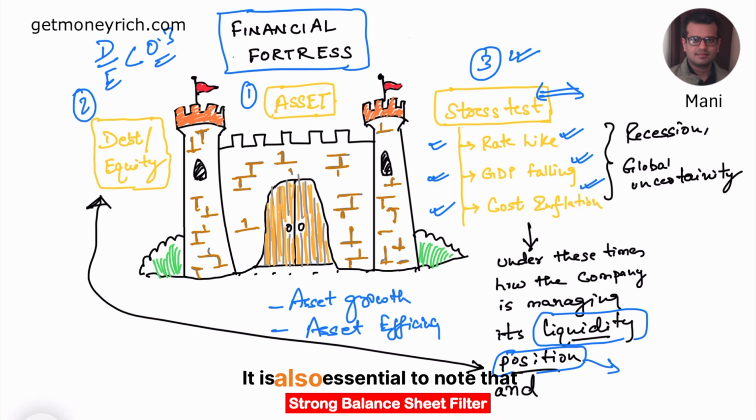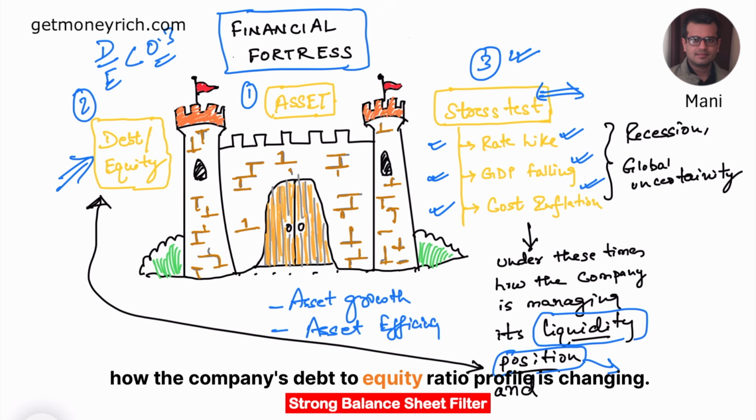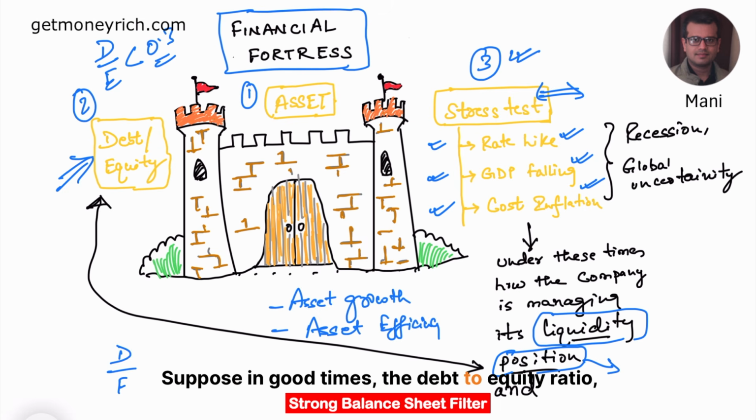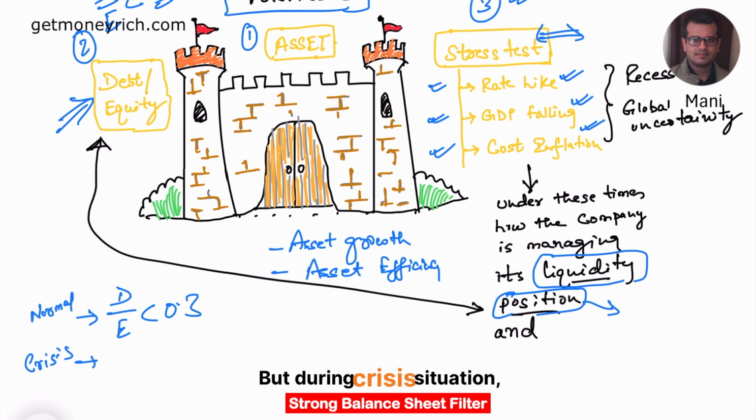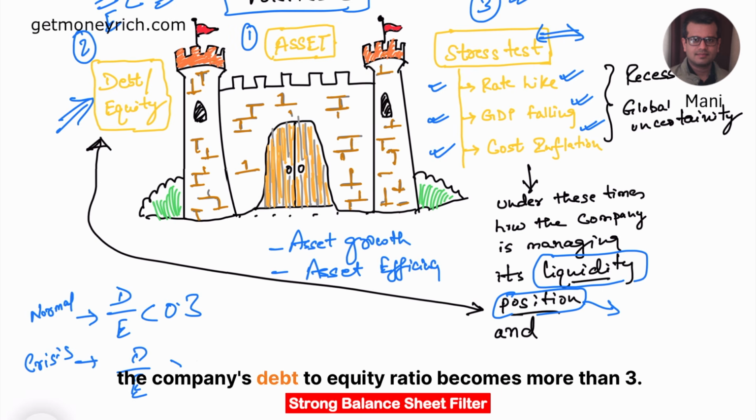It is also essential to note that during such stress times, how the company's debt to equity ratio profile is changing. Suppose in good times, the company keeps the debt to equity ratio below 0.3. But during a crisis situation, the company's debt to equity ratio becomes more than 3. It is not good.